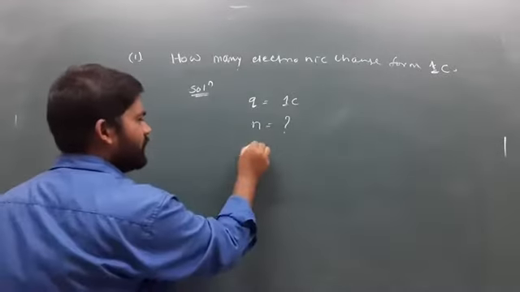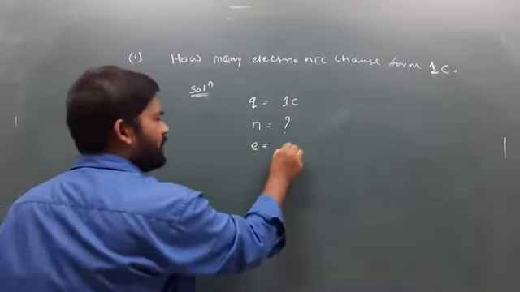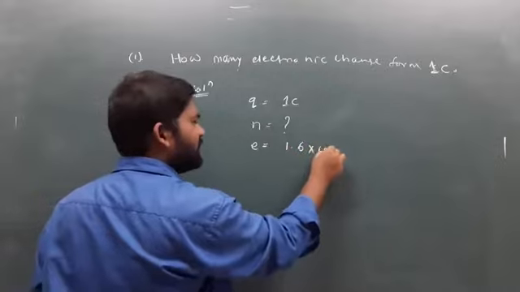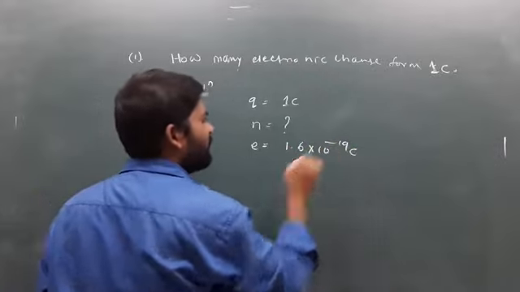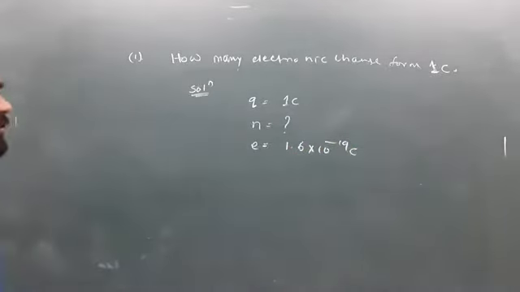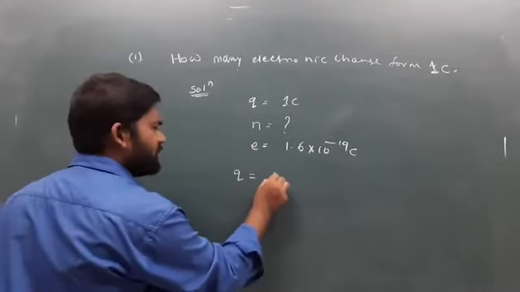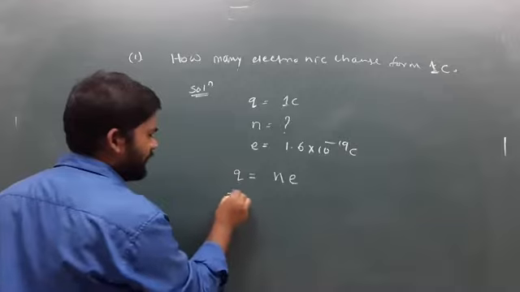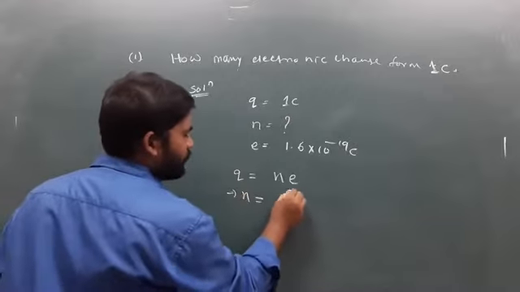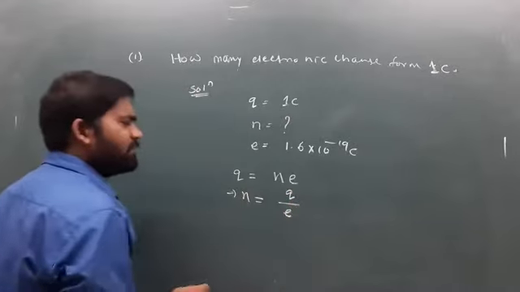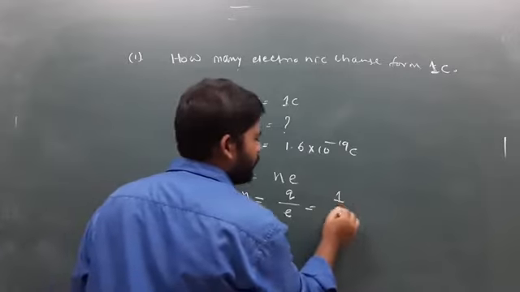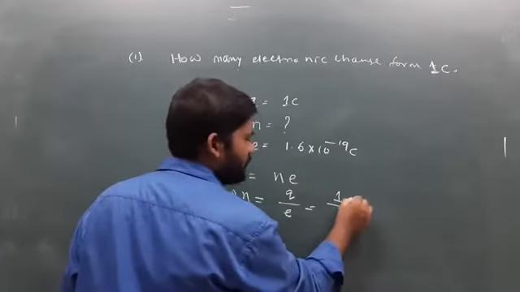As you know, the charge of either electron or proton is 1.6 into 10 to the power minus 19 coulomb. As per the quantization formula, Q equals Ne, so n equals Q divided by e.